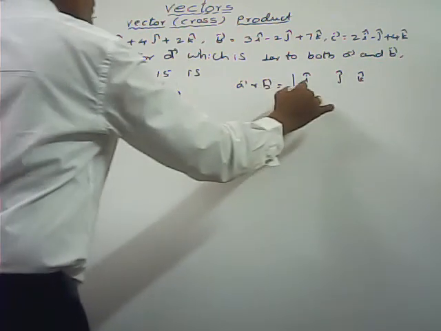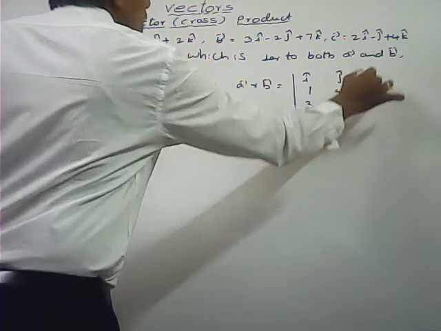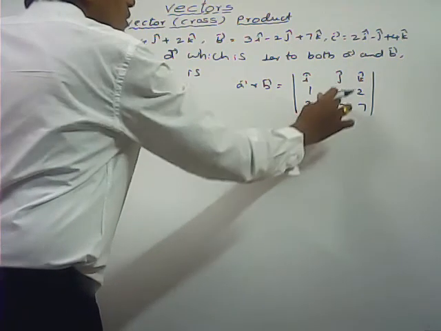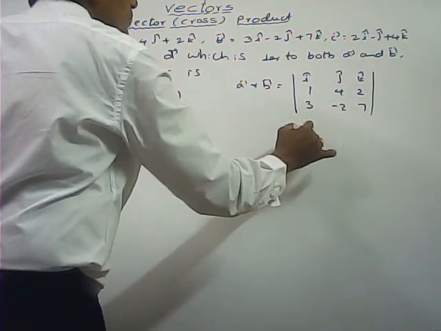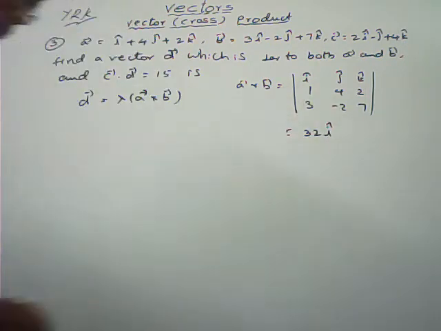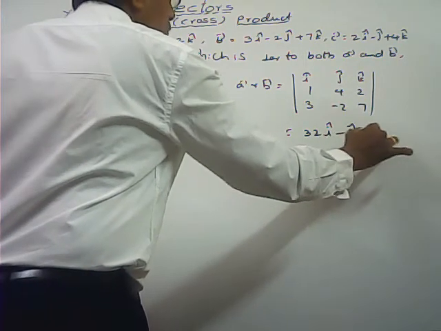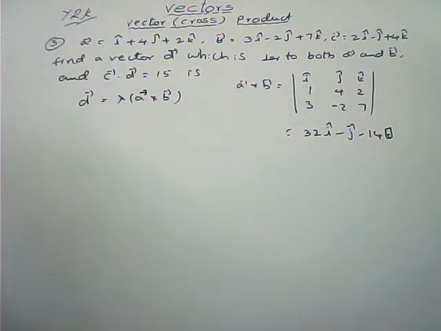1, 4, 2, 3 minus 2, 7. That is equal to, here we can get lambda into 28 plus 4, that is 32 i cap, minus j cap, minus 14 k cap, that is A bar cross B bar.